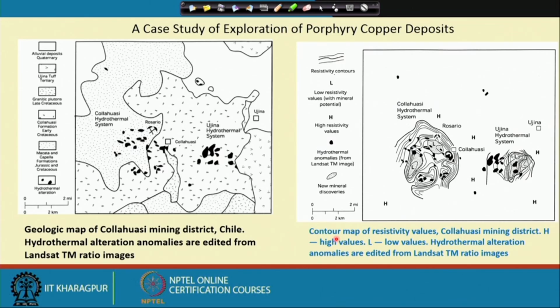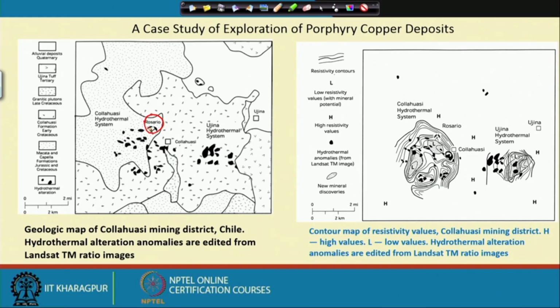So, this map, given here on the left hand side, is the map of an area where there was one known deposit, previously being worked, the Rosario deposit, and the rest of the areas were not known to contain any other porphyry copper deposit.